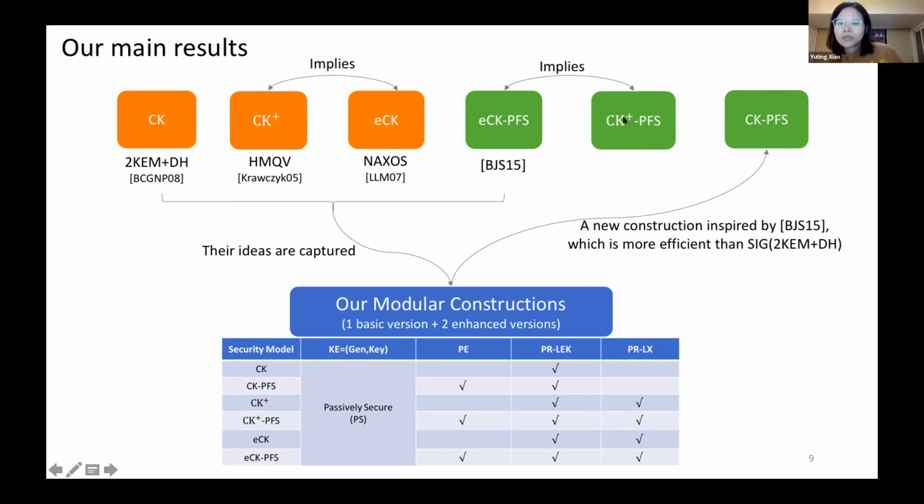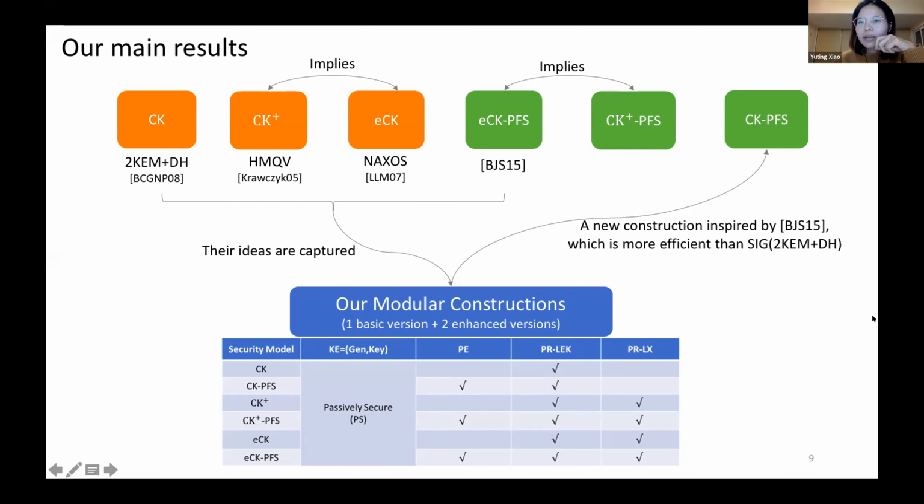In particular, we also give an extension of our results. In the CK PFS model, we give a new construction. It is inspired by the technique used in BJS 15. Of course, we use our observations of our results, and the result is more efficient than directly applying a compiler to an existing protocol secure in the CK model.